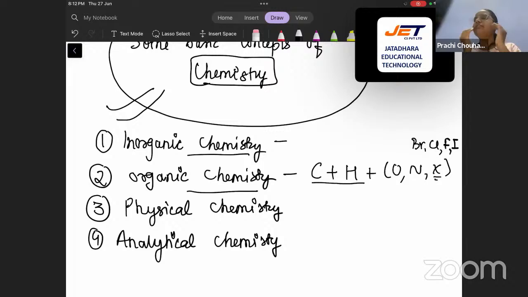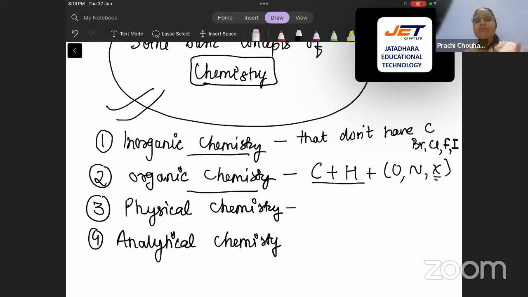Now, leaving the compounds which have carbon and hydrogen, we are left with other compounds which we get from rocks or minerals. All of those things will be studied in inorganic chemistry. So this will include the compounds that don't have carbon. Now, here is physical chemistry.